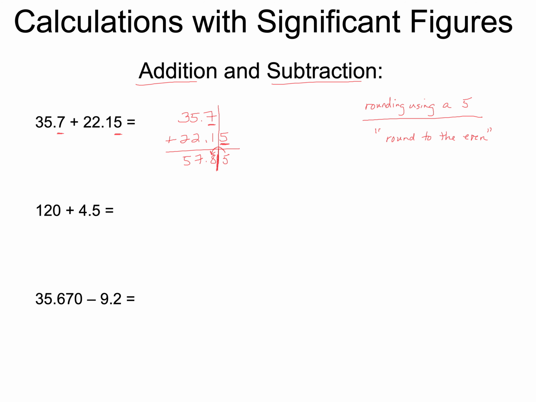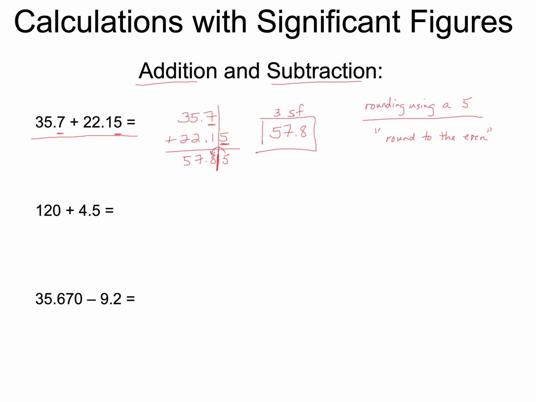If it is an odd number, we round it up to the next even number. So if this were 7, we would round it up to 8. But it's already an 8, so we'll leave it as is. That means this value for this addition problem ends up being 57.8, and that value is 3 significant figures.